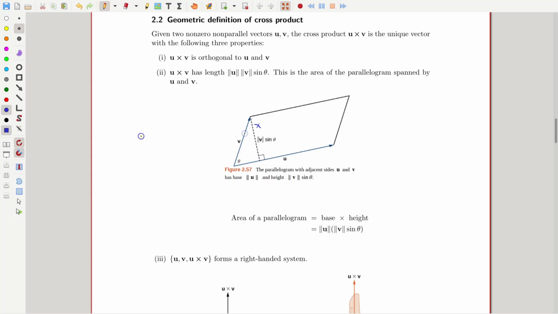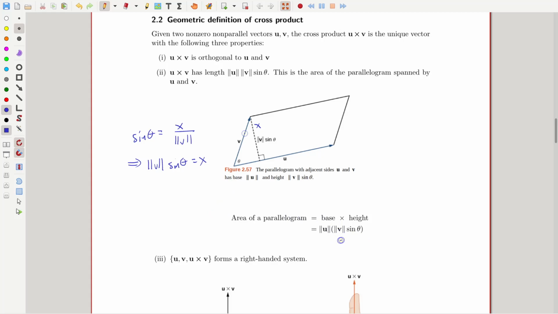Then sine of theta is equal to x divided by the length of v, and therefore the magnitude of v times sine theta is equal to x. So this side has length given by the magnitude of v multiplied by sine of theta.